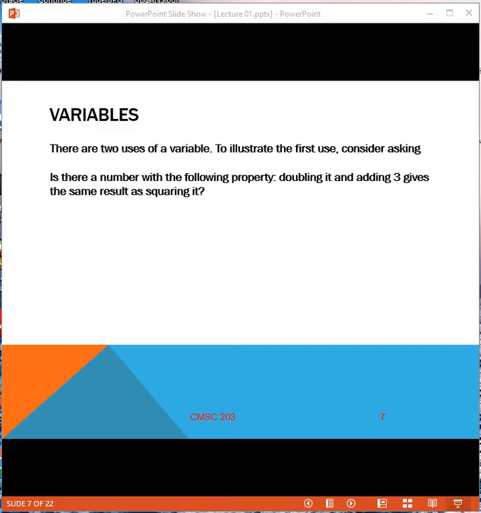Is there a number with the following property? Doubling it and adding 3 gives the same result as squaring it. In this sentence, you can introduce a variable to replace the potentially ambiguous word "it." So you would rephrase this question as, is there a number x with the property that 2x plus 3 equals x squared?